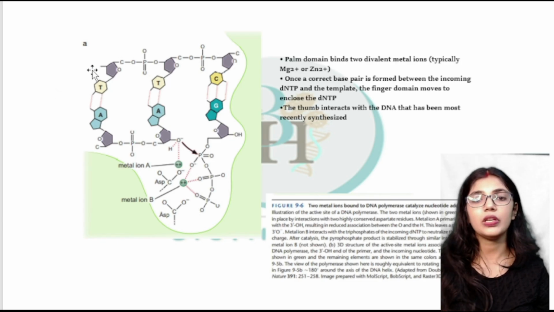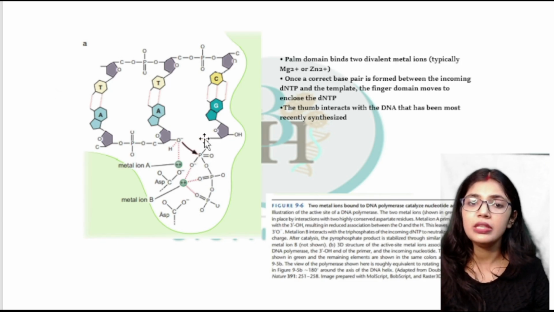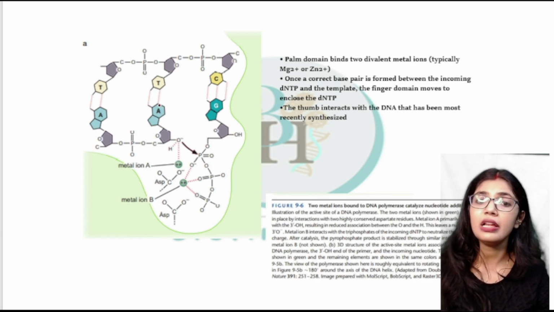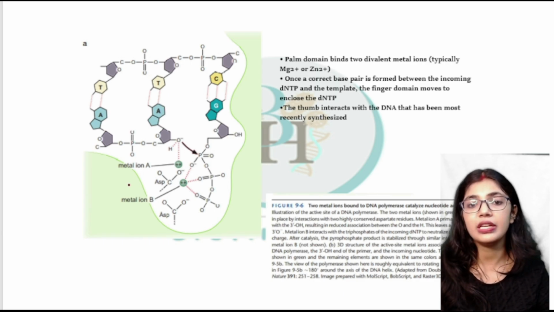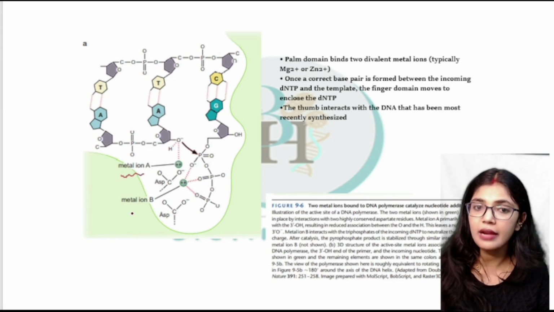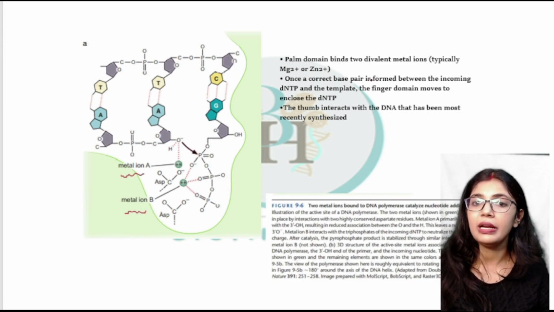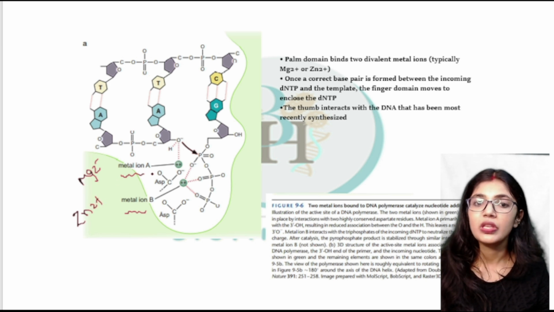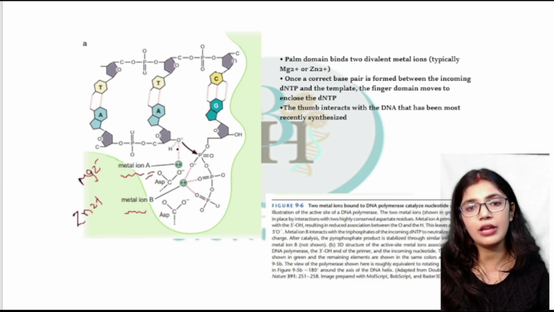Apart from this discriminator amino acid, there are also other things used during this process of DNA replication: metal ion A and metal ion B. Metal ion A is Mg2 plus and metal ion B is Zn2 plus. Metal ion A binds with the hydrogen of this OH group.